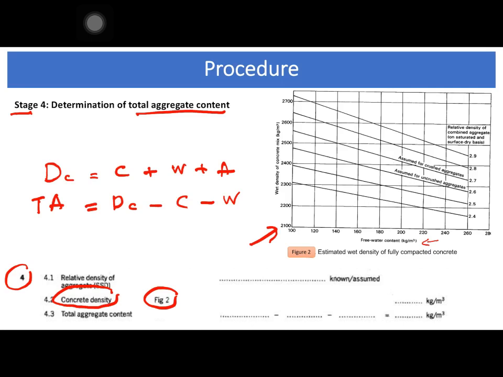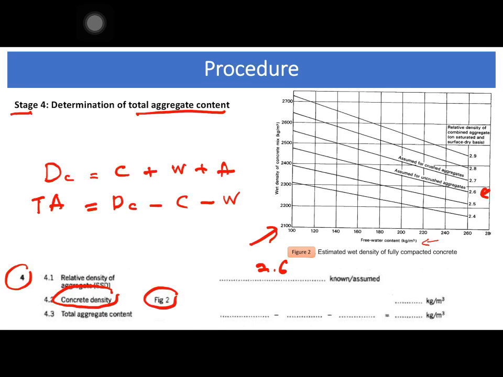Another value that we need to know is the relative density. For this case, because the coarse aggregate is uncrushed, we use 2.6. So we need to plot our water content.